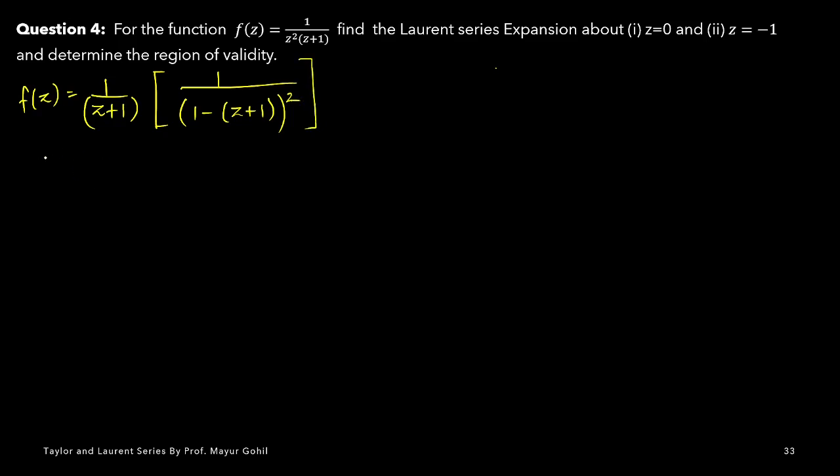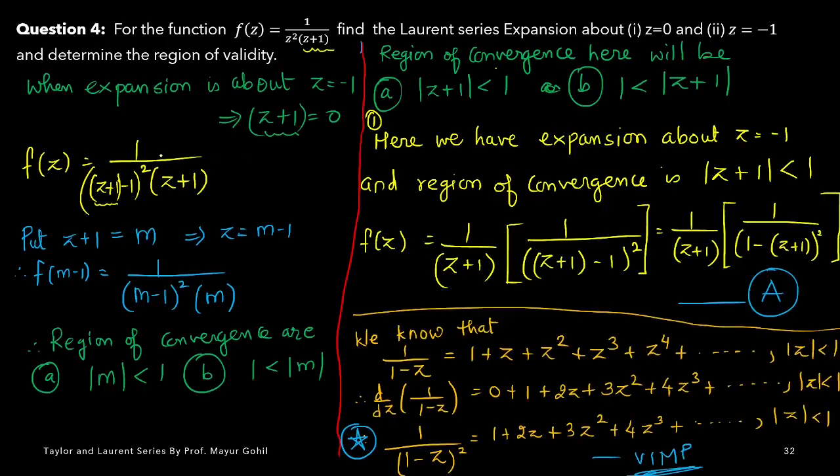Okay, now you expand this 1 upon z plus 1. There is no expansion for this, it will remain as it is because it is one full chunk. Now the expansion for this can happen. So what is the expansion here? Here we use the formula that we just derived, 1 plus 2z.